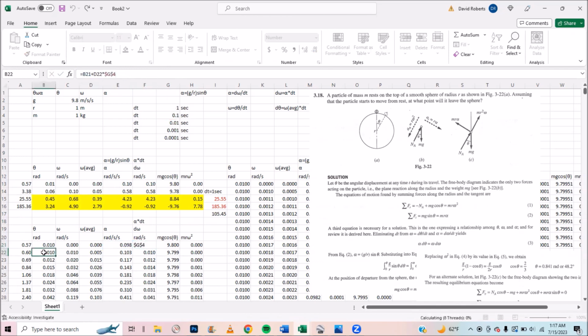And then the only other thing is right here. When we try to find our new radians, it's our omega average, our average radians per second, times our change in time. That gives us our change in radians. And why is that? Well, look at this. Angular velocity is equal to change in your angle divided by change in time.